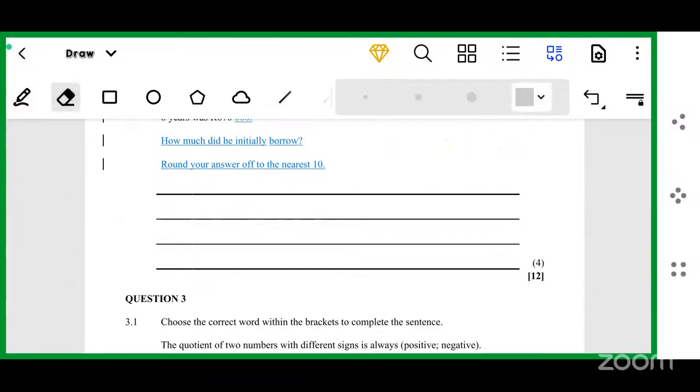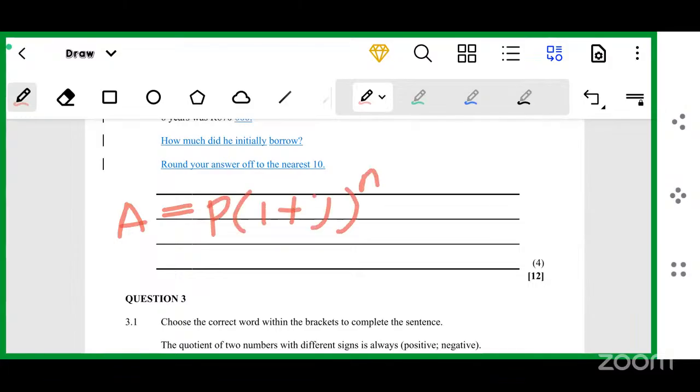Oh my word, it just deleted everything. So it's A equals P open bracket 1 plus I close bracket to the power of n. And then how did we work it out?